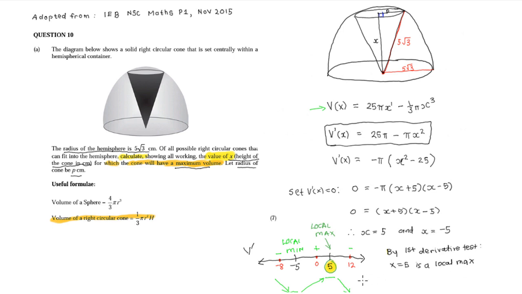So therefore the height of our inscribed cone, because x, remember, is representing the height of the inscribed cone, so the height that gives maximum volume is a height of 5 centimeters.